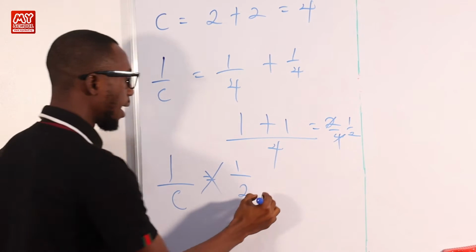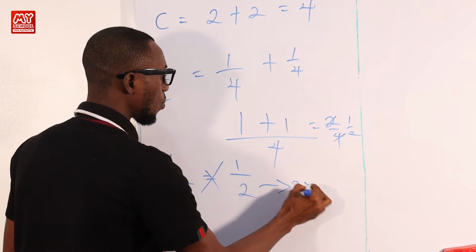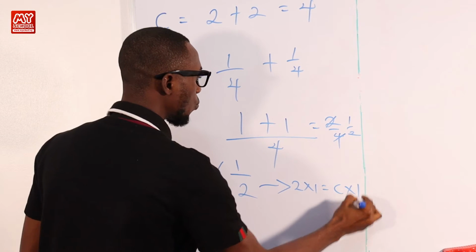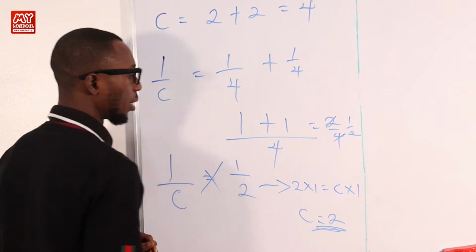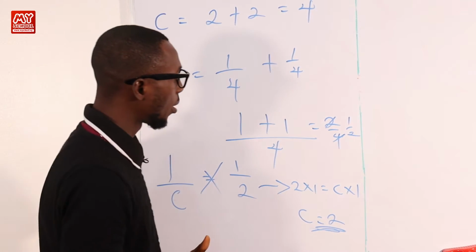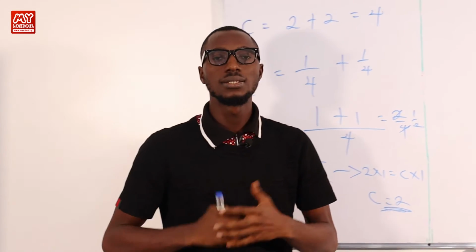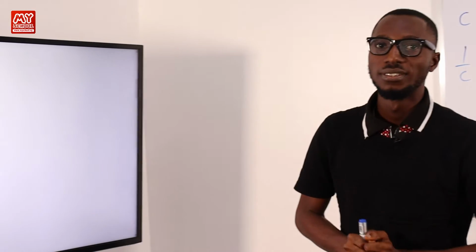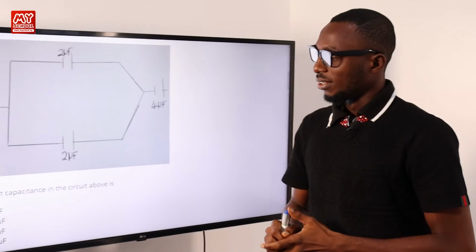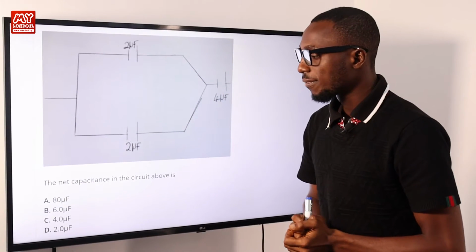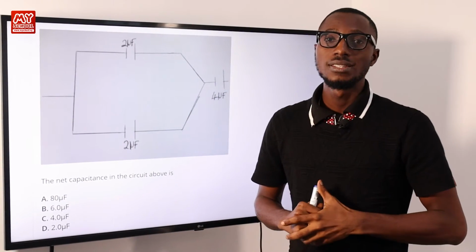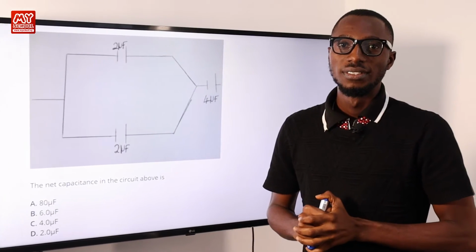Cross multiplying, we have 2 times 1 equals C times 1, so C equals 2 microfarad. Let's go back to the screen and select the correct option. You agree with me that option D, 2.0 microfarad, is the correct option.